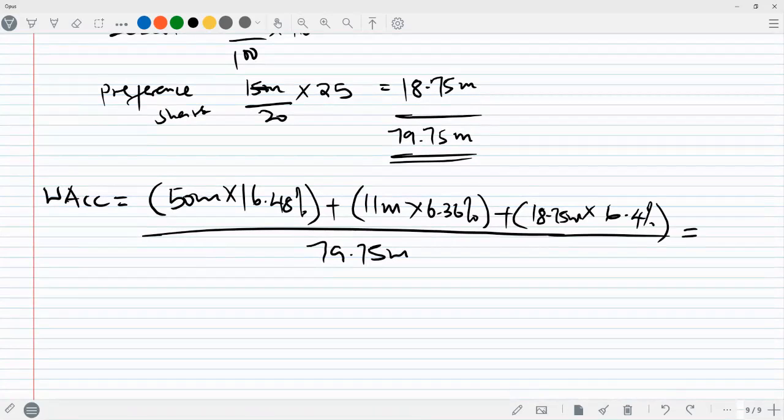This gives us how much? 12.71. 12.71% is therefore the company's weighted average cost of capital.